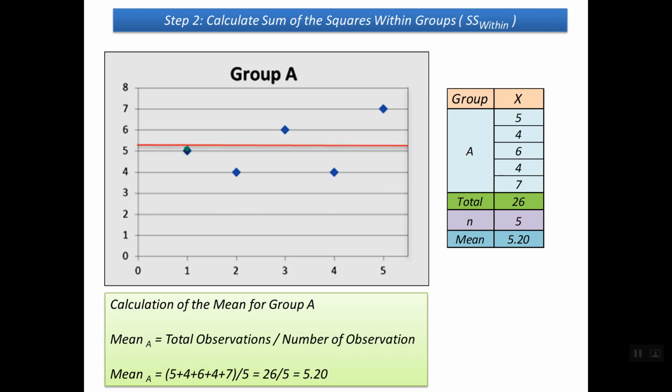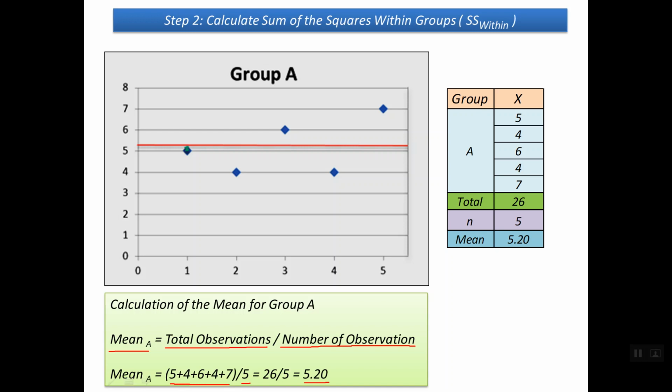So the mean for group A represents the total observations for group A divided by the number of observations for group A. These are the observations for group A divided by the count of the observations, and the value of the mean for group A is 5.20.